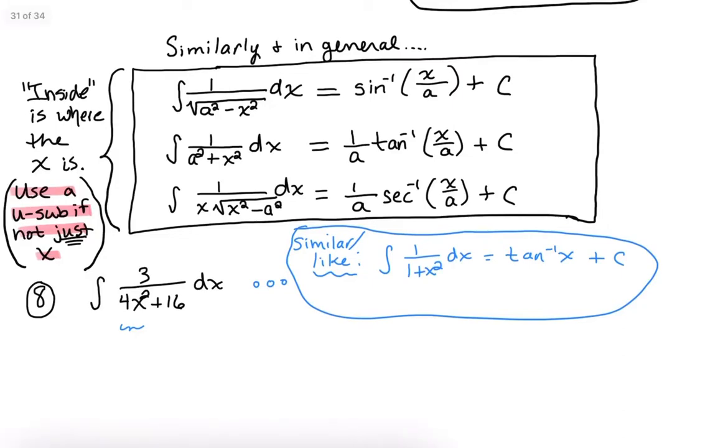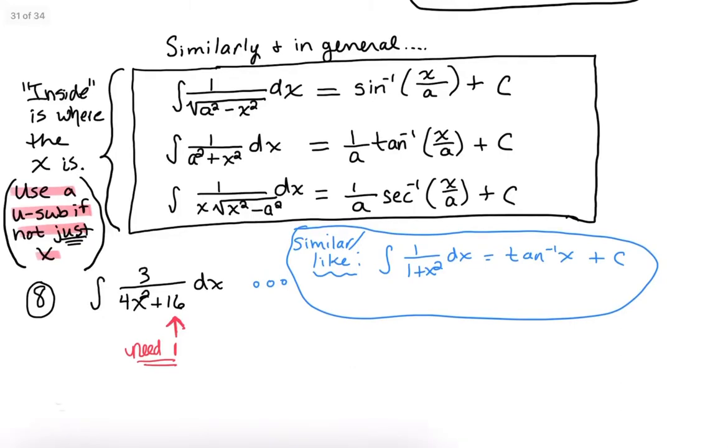So the first thing I need in this denominator is a 1 plus the square of something. In order to do that, we are going to factor out that 16.